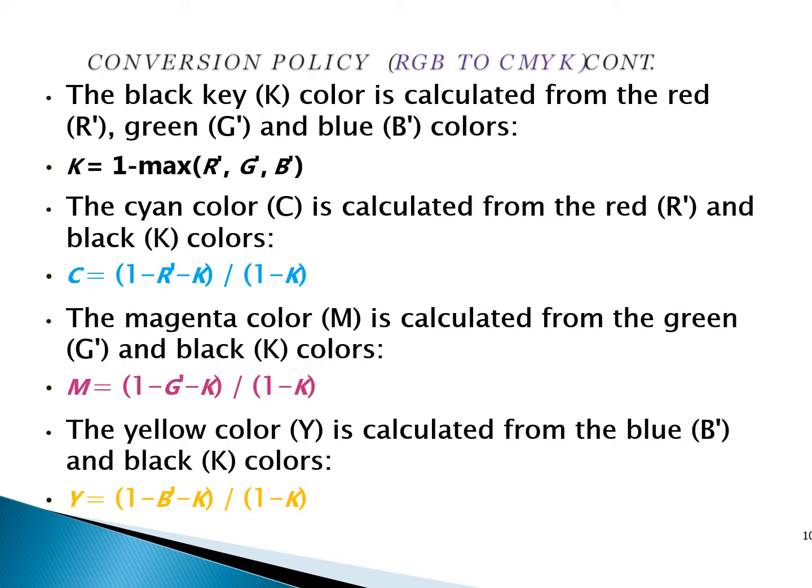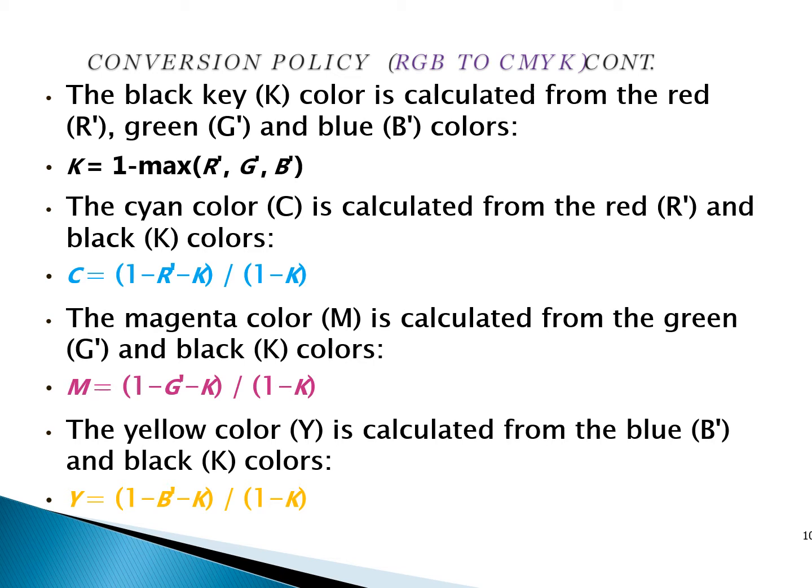After taking these values, we can compute the CMYK values from the RGB colors. In the CMYK, first we have to calculate the black color, which is got by combining the red, green and blue.